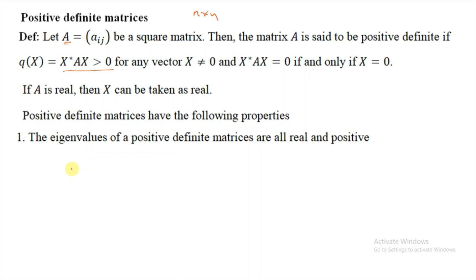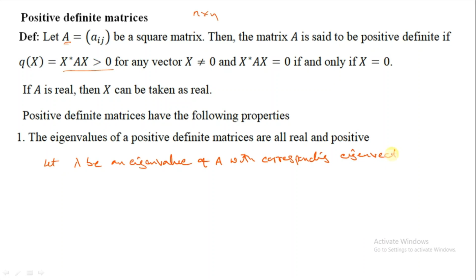And this is simple. You have to show that the eigenvalues are positive. Let lambda be an eigenvalue of A with corresponding eigenvector x.